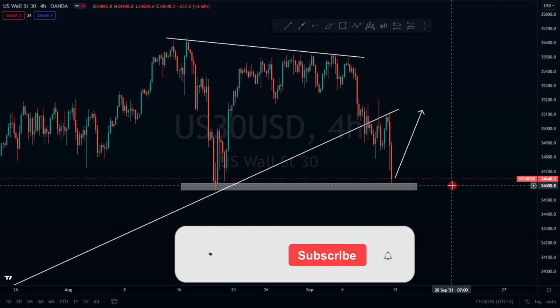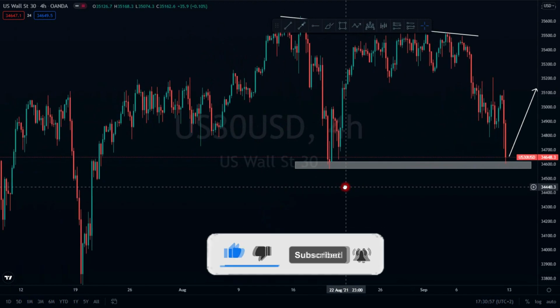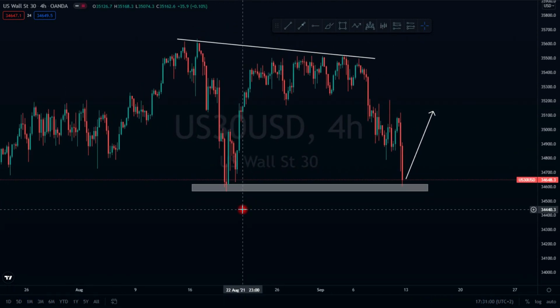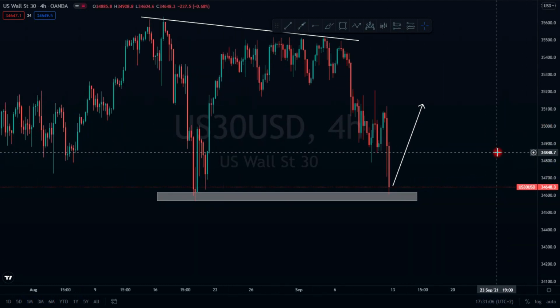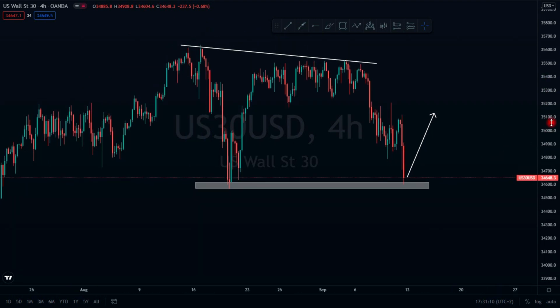But for now, I'm very certain that the market from here is going to go to the upside. The reason being that how I trade is that every zone, especially the most sensitive ones, need to be retested before we can continue or conclude the direction of the market. So that's just how I trade.